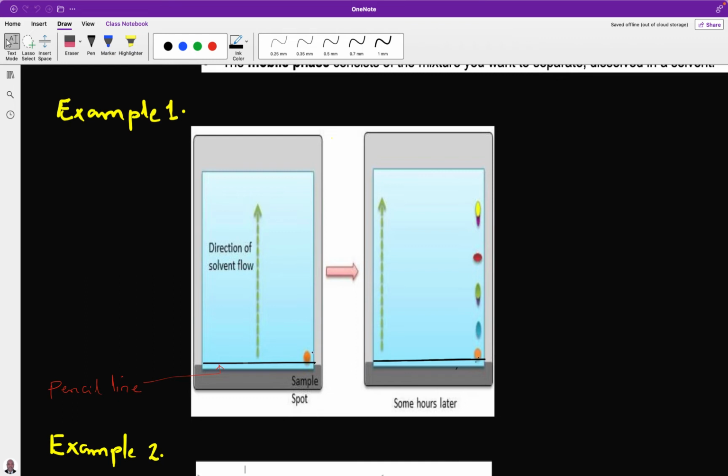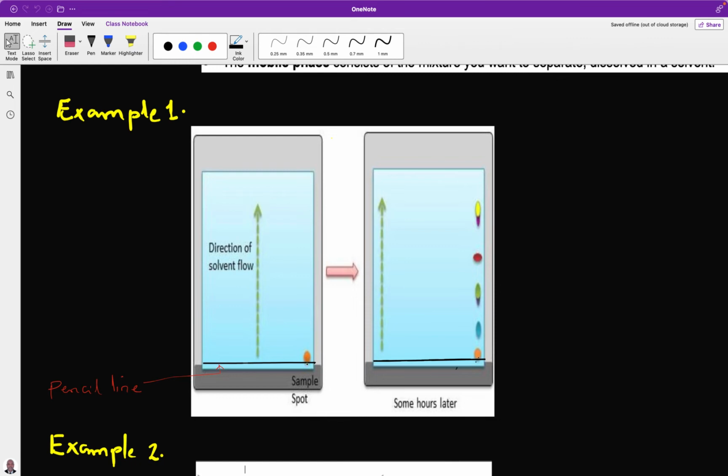Since different substances have different solubilities, some will dissolve first, some may dissolve after a period of time. When the mixture dissolves in the solvent, what happens? They will travel up the paper.